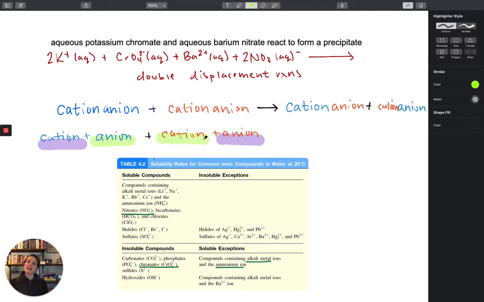Will that cation-anion electrostatic attraction to each other be greater than the attraction of the ions to water? So yes, like dissolves like, but if those species are more attracted to each other, they're not going to break apart. If they find each other by bouncing around their container and colliding with other water molecules and other ions, if we get this new pairing of cation and anion, is some new chemistry going to be possible? And what we saw in the last slide was that, yes, some new chemistry was possible with these species.